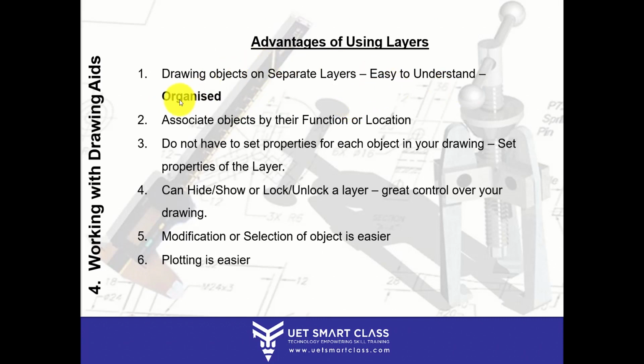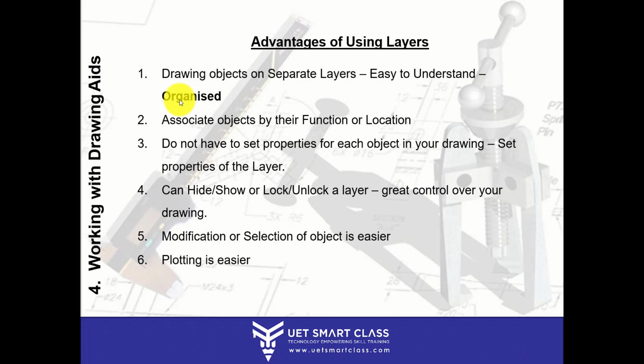I'll briefly tell you: if you want to see only the furniture, you can close, lock, or make the other parts of your layout invisible. They would still be there in AutoCAD, but you need not show them, because if you want to work on a particular detail, you can close the other parts.